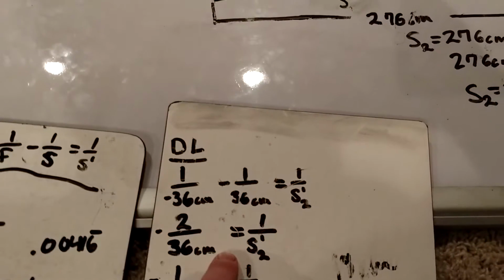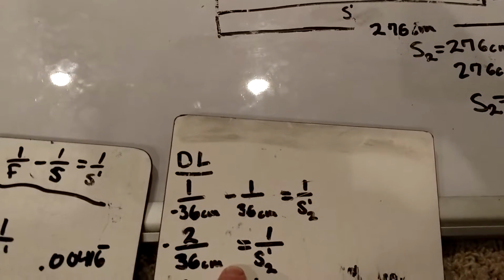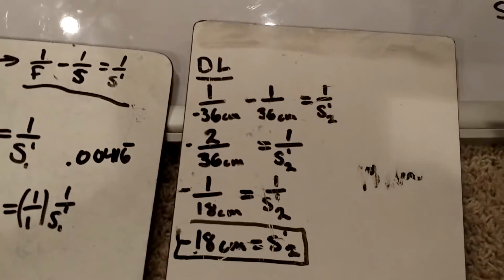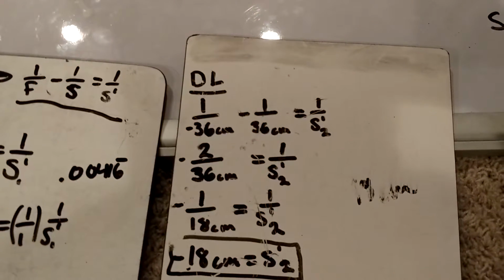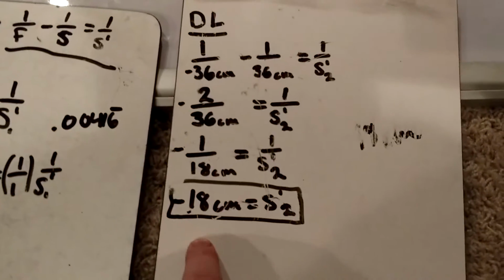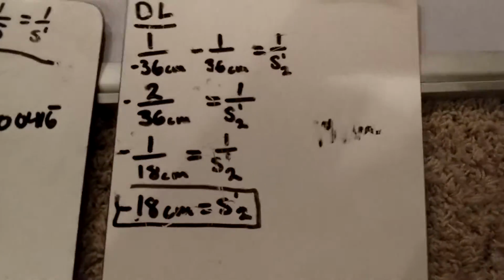the image distance of the diverging lens. Simplifying it, we get negative 1 over 18, and then simplifying it even further, we get negative 18 centimeters from the diverging lens, is where our image will be found.